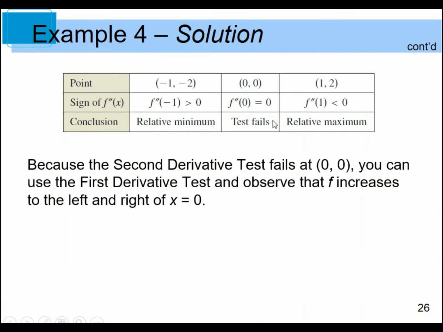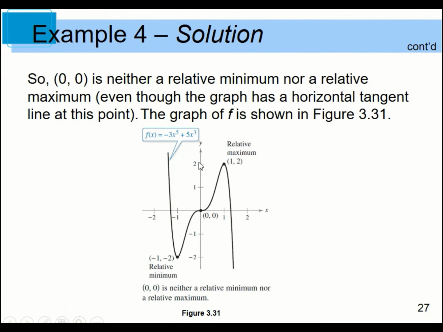Now at this point, because the second derivative test failed, you can use the first derivative test and observe f to the left and right of this point. If we use the first derivative, the slope f prime increases on the left and on the right.